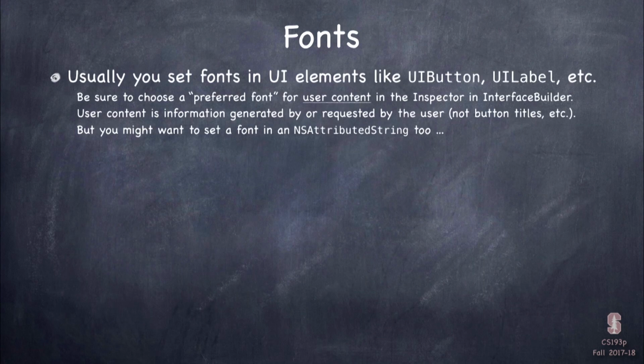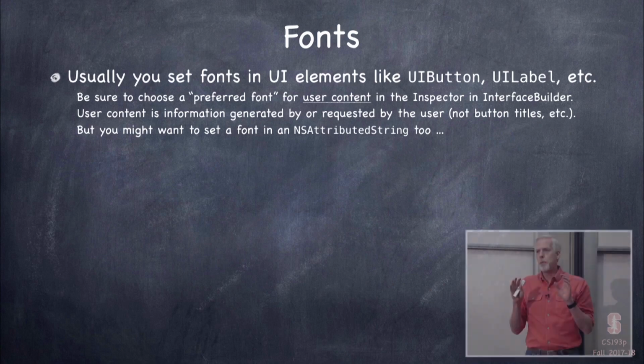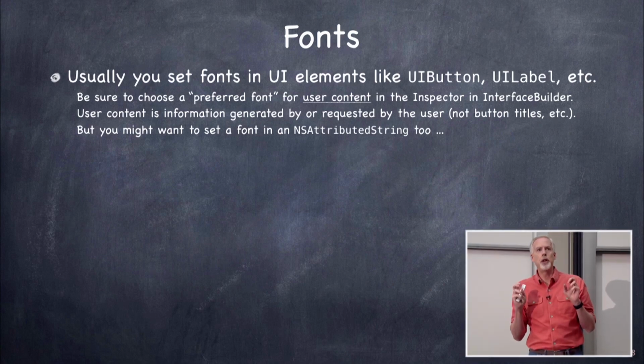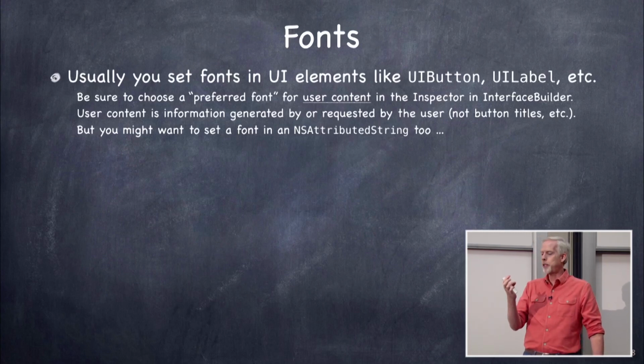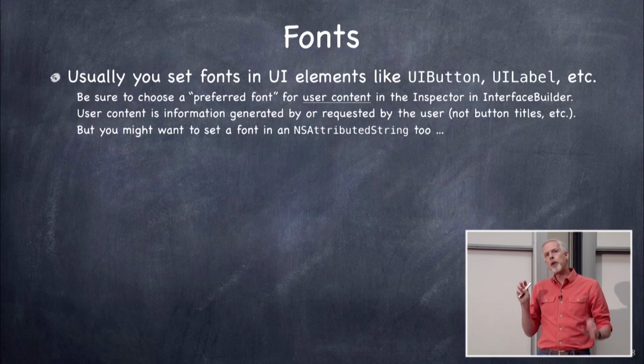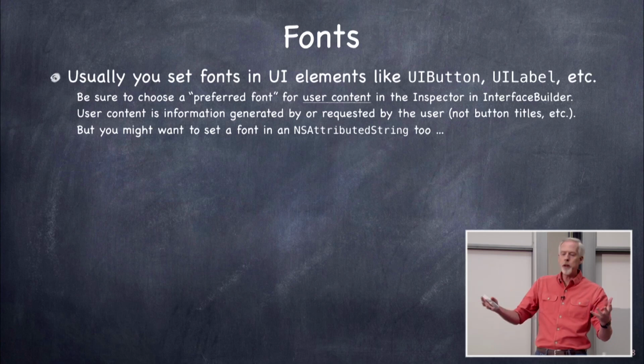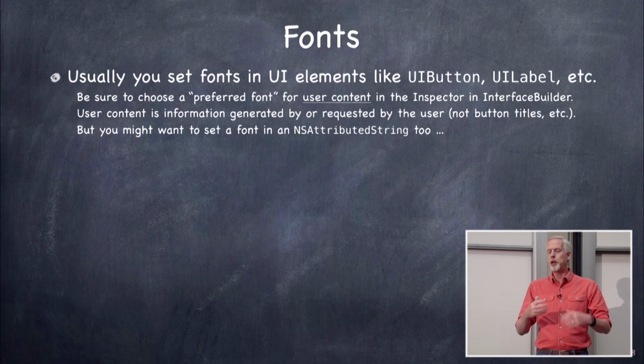Well, in iOS, the most important concept with fonts is preferred fonts. There are about 10 categories of fonts, like body fonts, headline fonts, caption fonts, footnote font. And you need to pick one of those preferred fonts for whatever environment your text is in. If you're showing main information, then it's probably the body font.